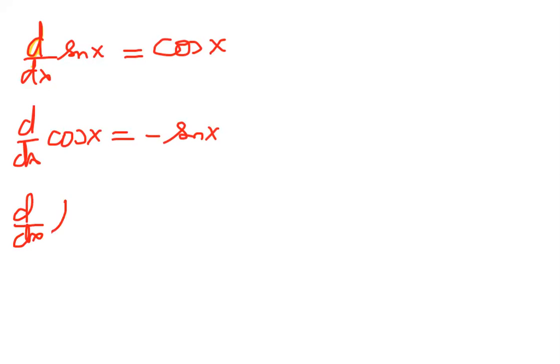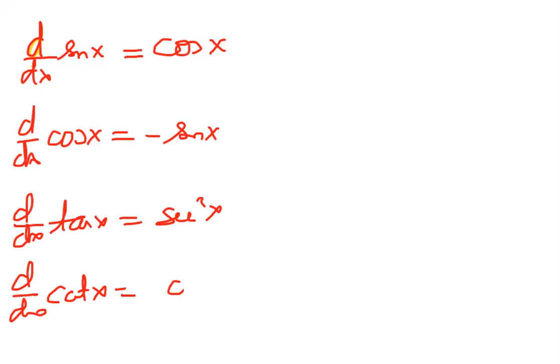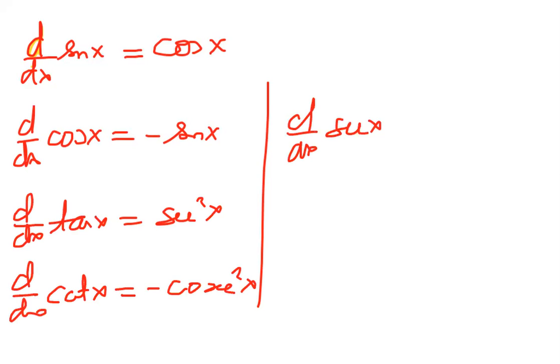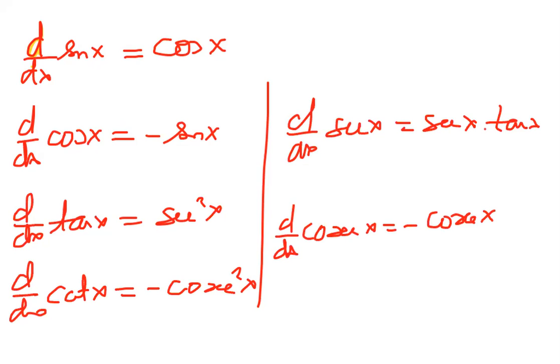Differentiation of tan x is sec square x. Differentiation of cot x is minus cosec square x. Differentiation of sec x is sec x tan x. Differentiation of cosec x is minus cosec x into cot x.